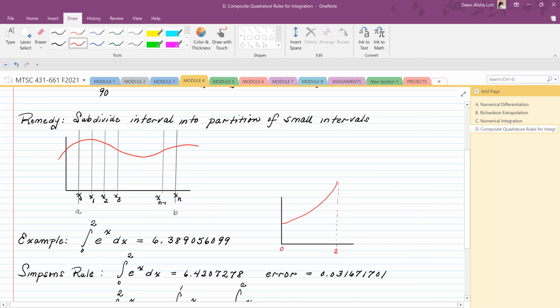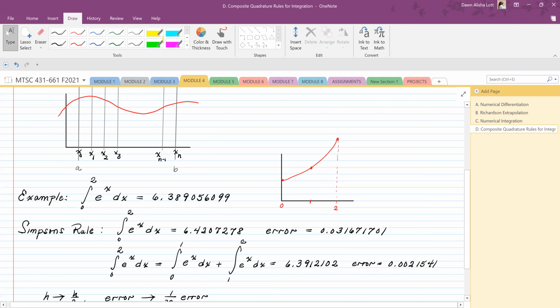And so we applied Simpson's rule just on this whole interval. So we took between 0, 1, and 2. We fit a quadratic to this, and when we integrated the quadratic, we got the value of this.